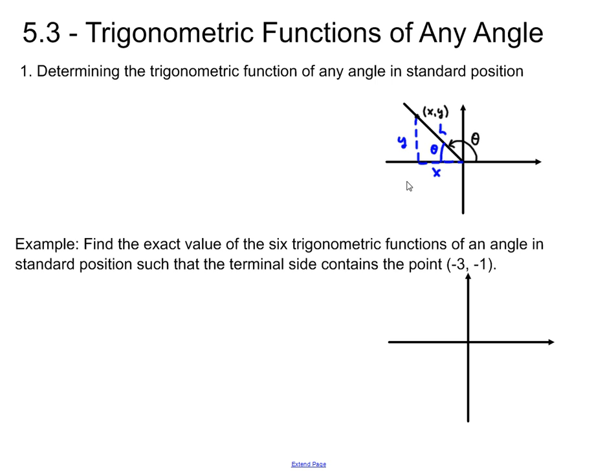Now the hypotenuse is always a positive value, and the reason is by our Pythagorean theorem, the square of the adjacent side plus the square of the opposite side is always equal to the square of that hypotenuse. Although x and y could potentially be negative values, h is always a positive value.